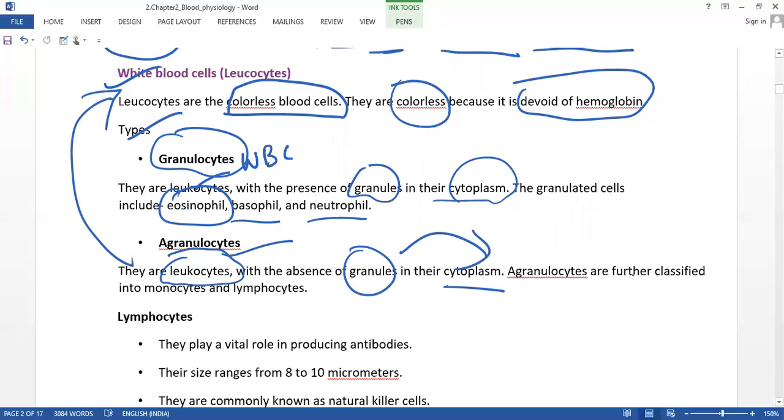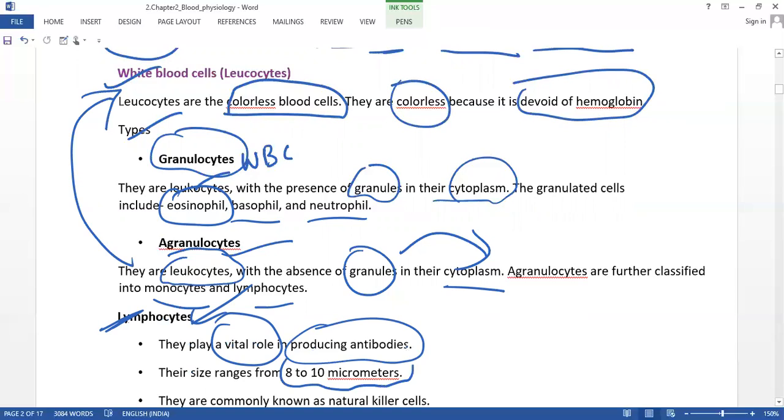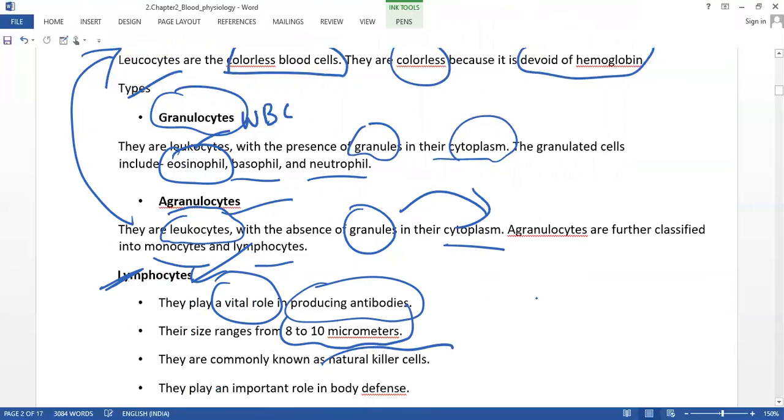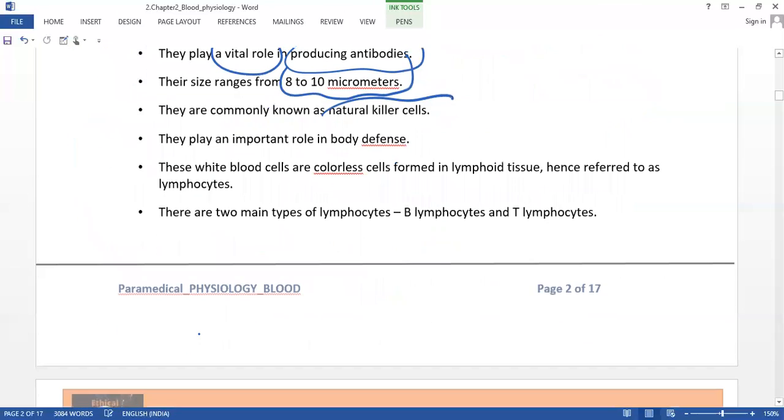And agranulocytes are again divided into monocytes and lymphocytes. So let us know about the lymphocytes. This lymphocyte plays a vital role in producing antibodies, and its size ranges from 8 to 10 micrometers. These are commonly known as natural killer cells, and they also play a very important role in body defense and protect the body.